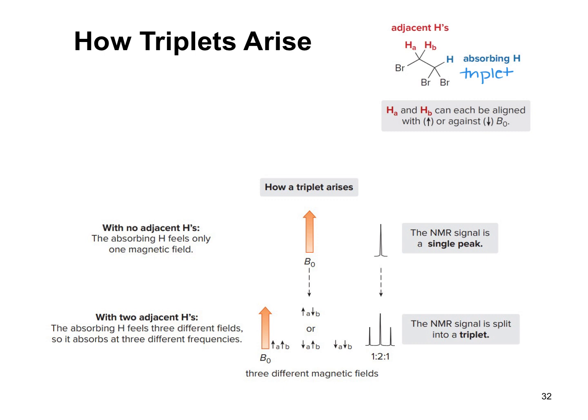And so because the absorbing proton feels 3 different magnetic fields, it absorbs at 3 frequencies in the NMR spectrum, and it splits a single absorption into 3 peaks, and this is a triplet, okay? And so that's how we get a triplet.